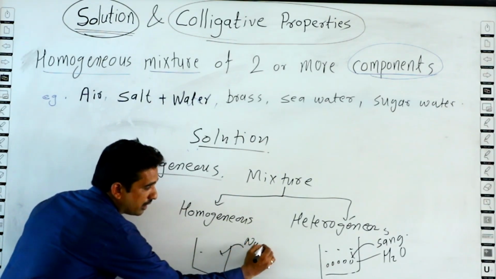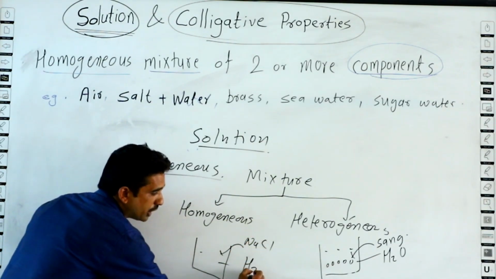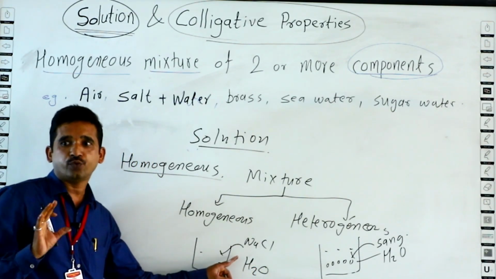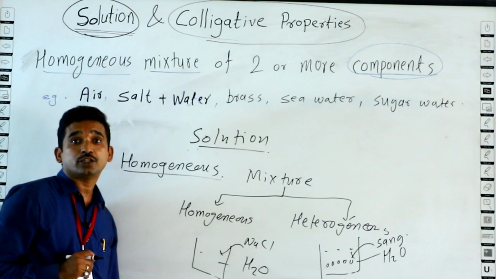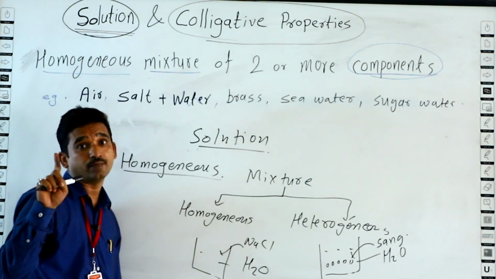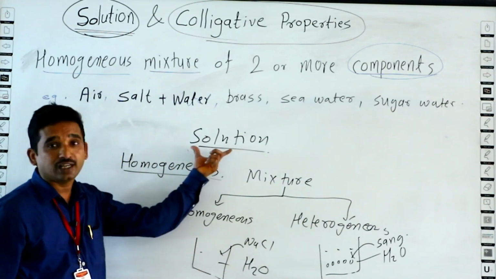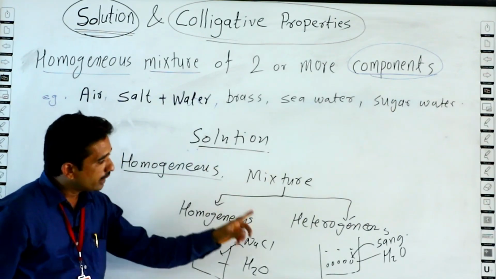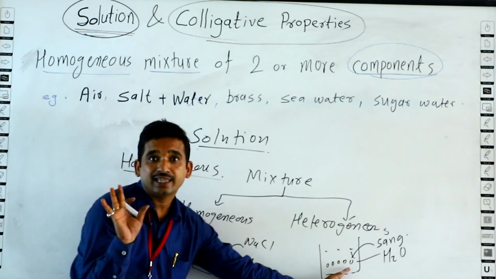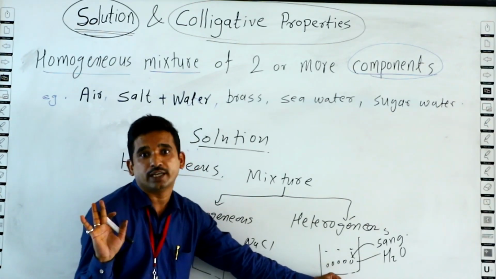NaCl in H2O and shake carefully, then there is a formation of a one phase system which is called a solution. If sand and water are mixed, then nothing is homogeneous.